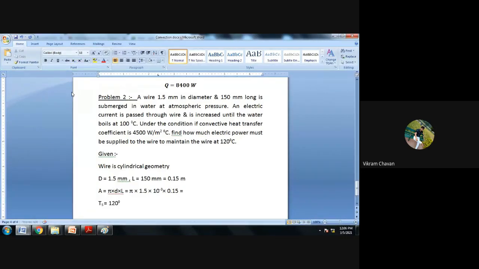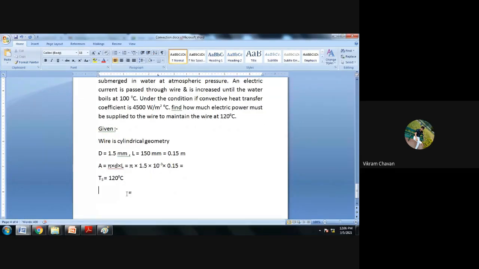And then T suffix f is the water temperature. Water is boiling at 100 degrees Celsius. So the fluid temperature will be 100 degrees Celsius.